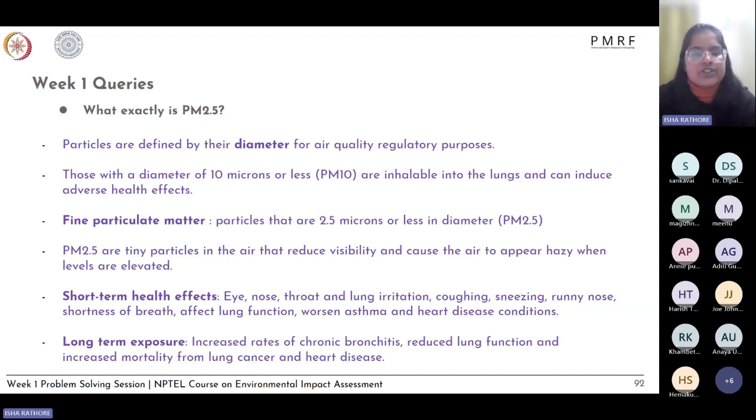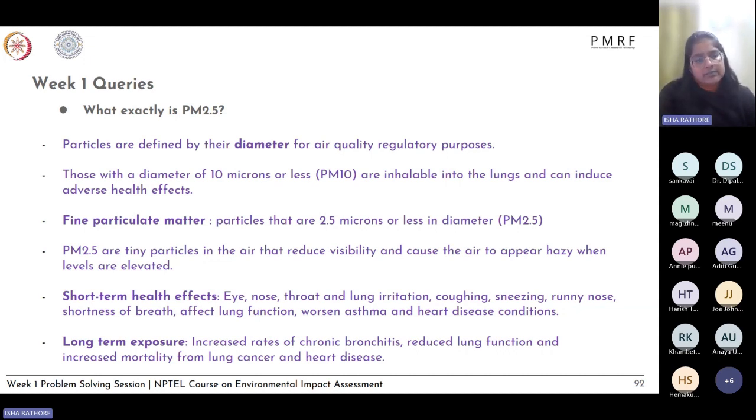It can also affect lung function or worsen asthma and heart disease conditions. But long-term exposure to particulate matter can lead to increased rates of chronic bronchitis, reduced lung function, and increased mortality from lung cancer and heart diseases.